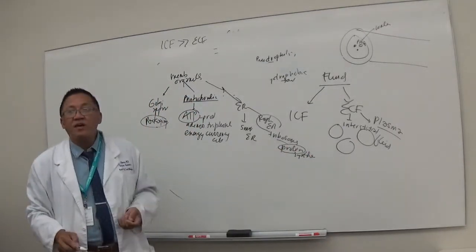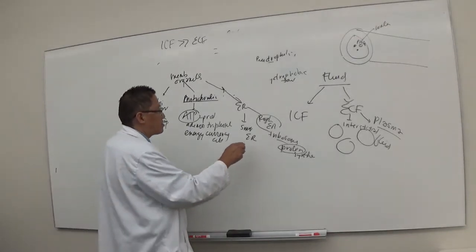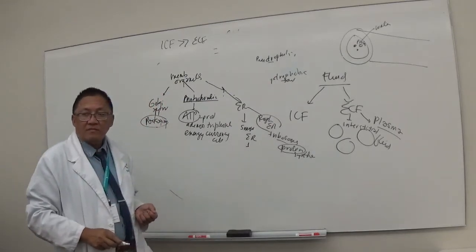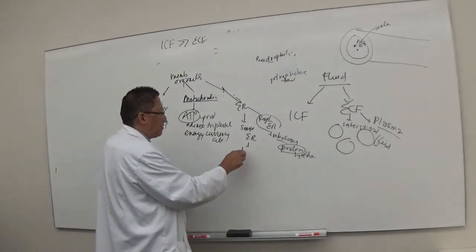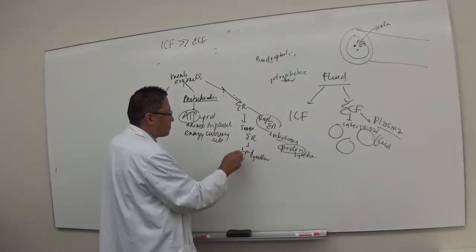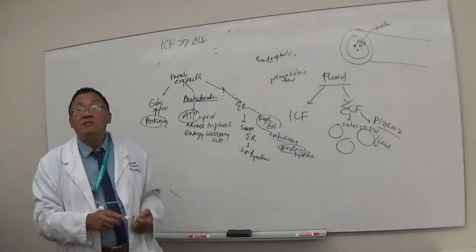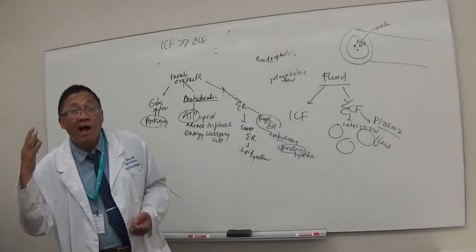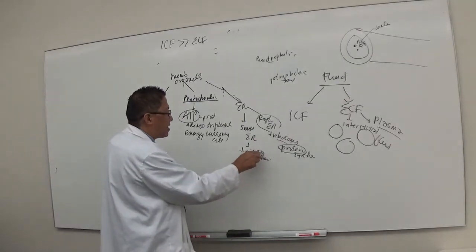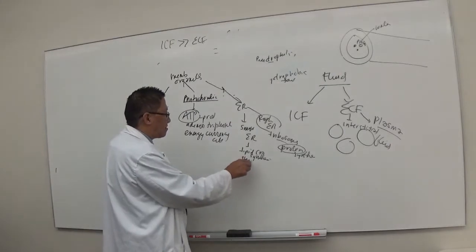What about smooth ER? Does it have ribosomes? No ribosomes. And what is this for? Lipid synthesis. What else? Carbohydrates. CHO is carbohydrate. What else? Steroids, very good. And what else?